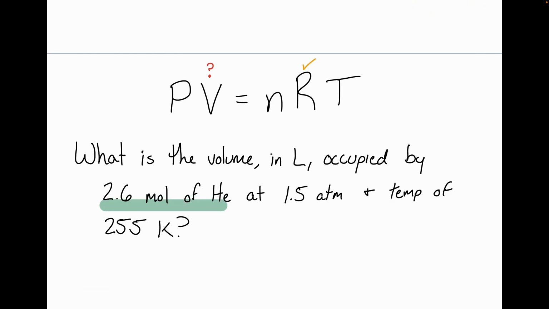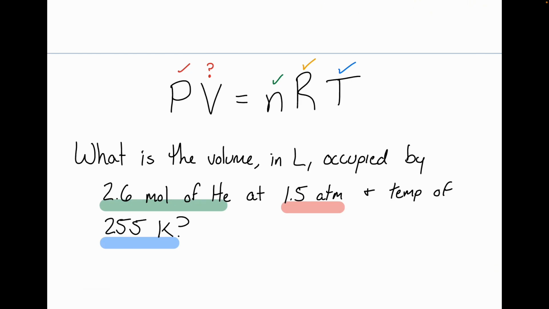If we look at what else we have, we're saying that the gas contains 2.6 moles of helium. So which one of my variables do I have up there? If I have moles of helium, N, I have that this is at 1.5 ATM. So what does that correspond to? The pressure of the gas. And then lastly, I have a temperature. I was even nice and gave it to us in Kelvin here to save a little bit of time. So I have 4 of my 5 terms in this problem here. I'm just missing one of these variables. And again, you'll always have R. So that's the name of the game.